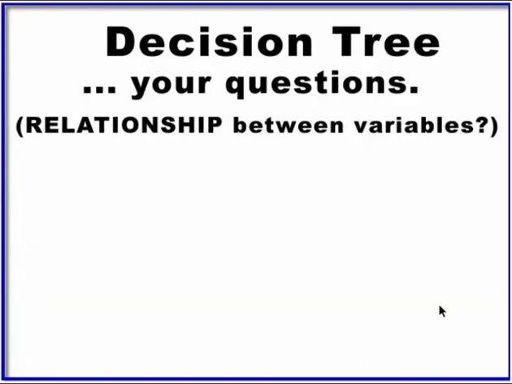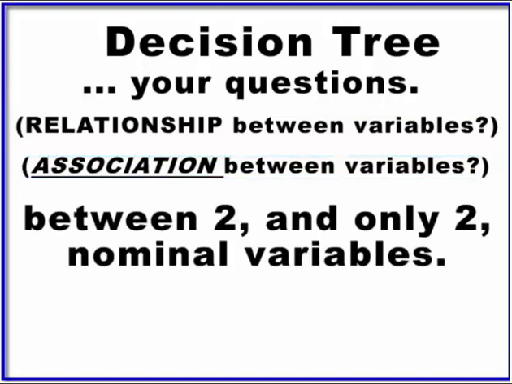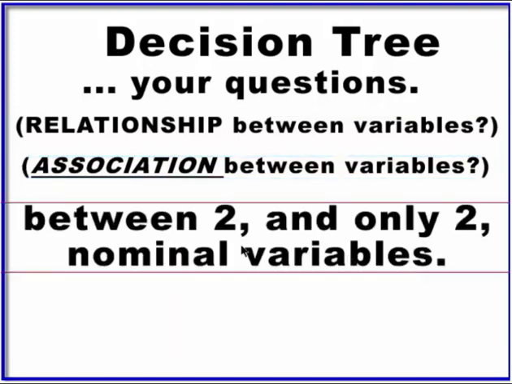And I've got to show you a weird one. I never know where to put this one because it's not an ANOVA, it's not a correlation at all, but it has to do with a relationship, but we call them associations, okay? So an association is a relationship, but just for this test, we're going to call it an association, and it's between two and only two nominal variables.